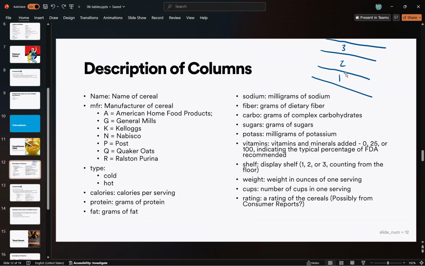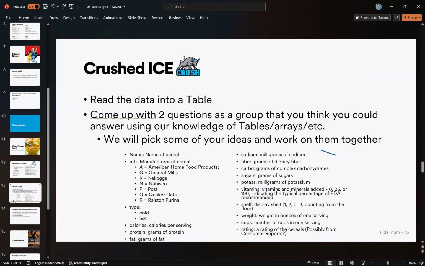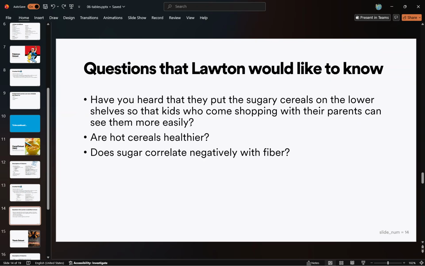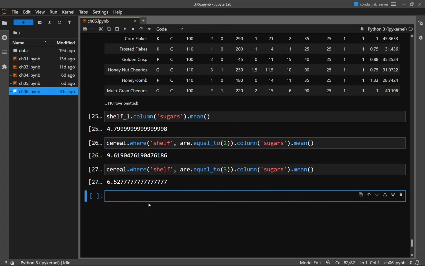Shelf 1 is on the floor, kind of. Shelf 2, I feel like that's at the toddler's eye level, yeah? So I feel like they were doing some nefarious business practices here. They really were putting the sugary cereals on shelf 2, and we have proved that, right? That's so much bigger than all the others. Don't you agree? Questions about that one?